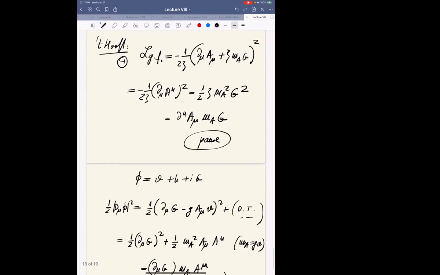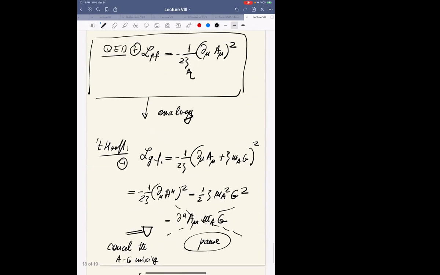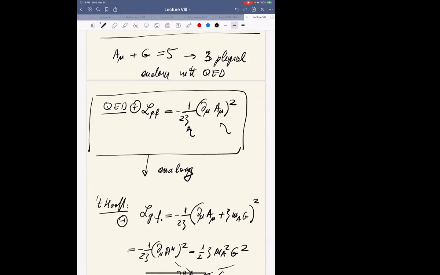Notice that this term cancels the mixing term that 't Hooft introduced. This is introduced to cancel the AG mixing so that you have a clean form to find the propagator. The same way they introduce in QCD this term, it killed the transversality property of the quadratic form, and you could find the propagator.